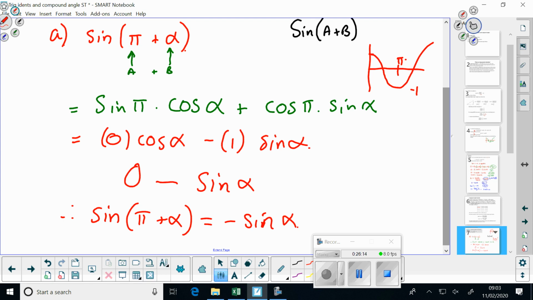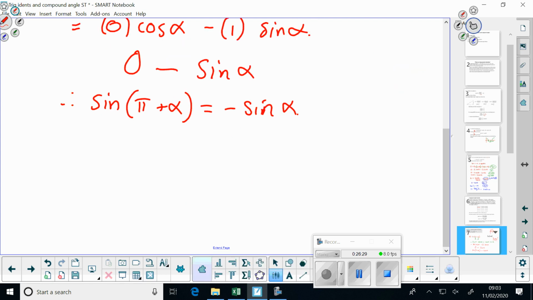You've got 0, take away sine alpha, you've got minus sine alpha. Have a go at B and C.